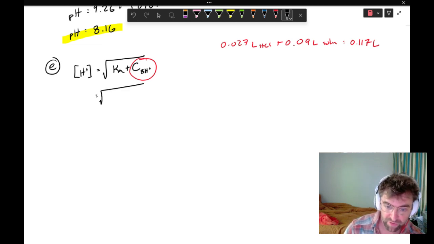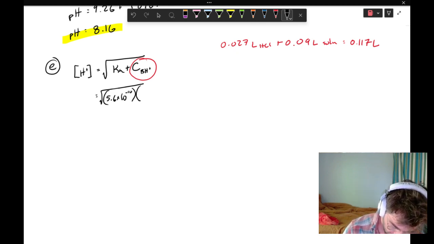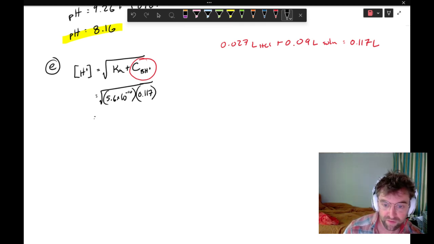Our Ka value we calculated above was 5.6 times 10 to the negative 10 times this new concentration of conjugate acid. All told is 1.137 times 10 to the negative fifth.